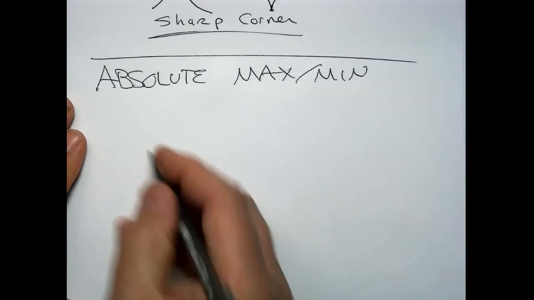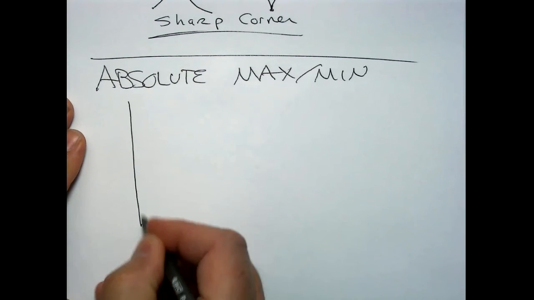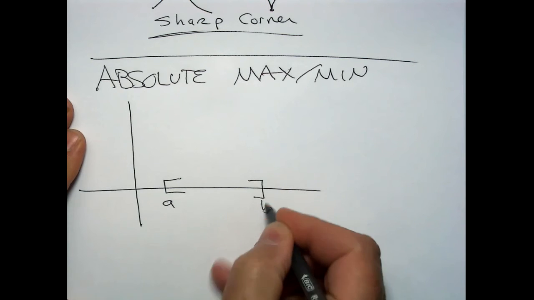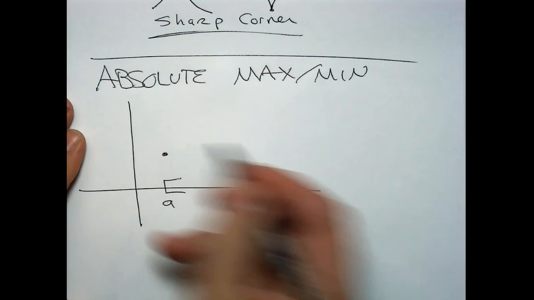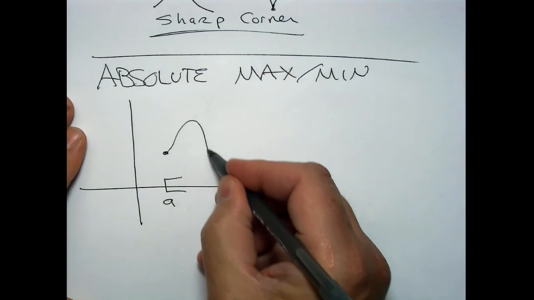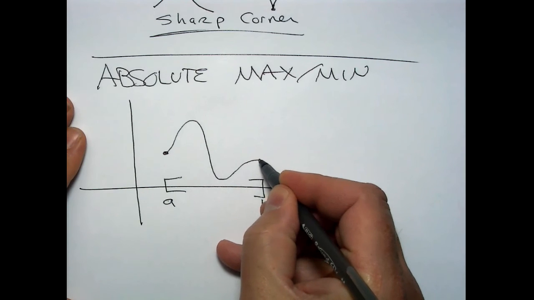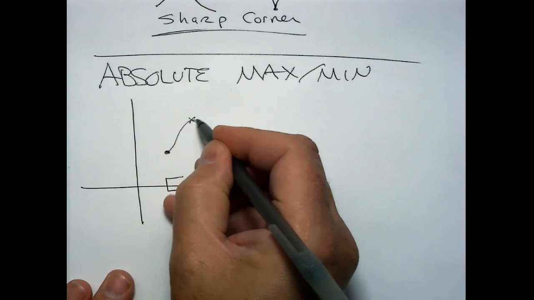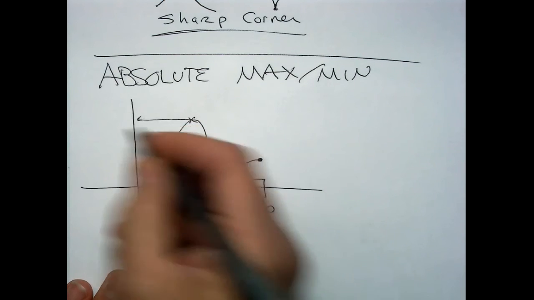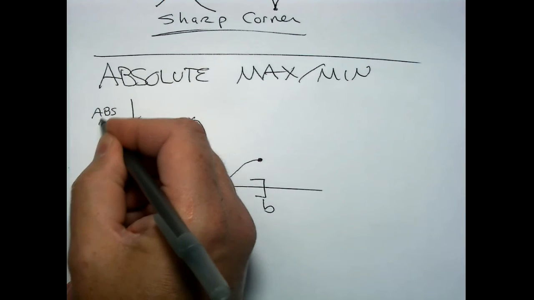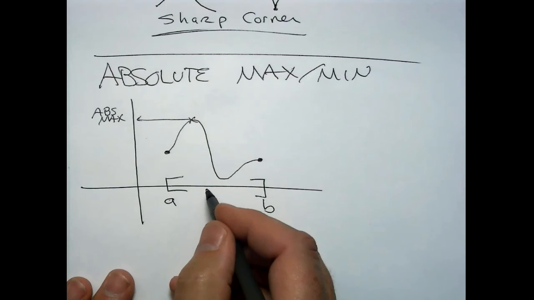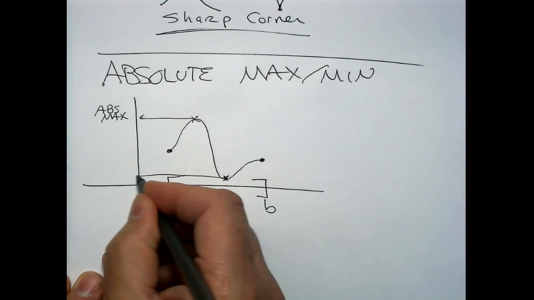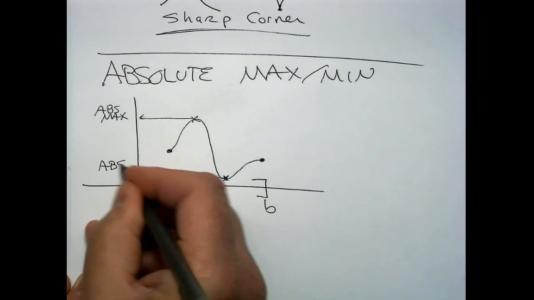Absolute max and min. Where would you find these things on a closed interval where we tie it up between A and B? Well, let's take a look. In this particular example, the highest y value occurs right here at the top of the hill. I'd have to call that the absolute max. The lowest y value occurs at the bottom of this particular valley, absolute minimum.